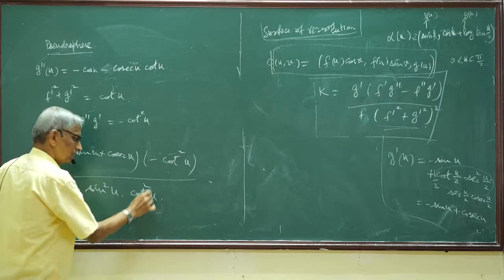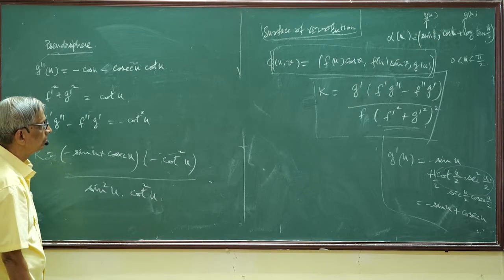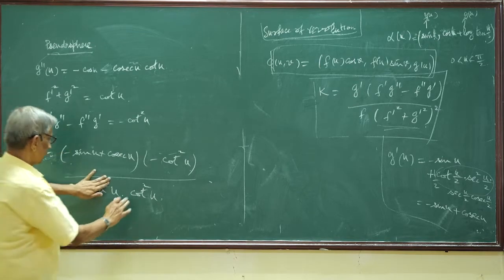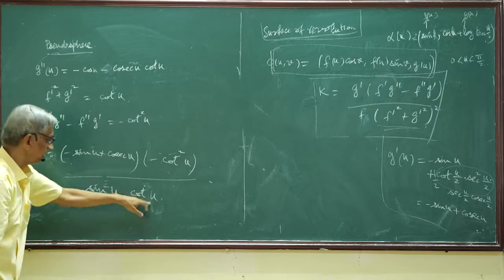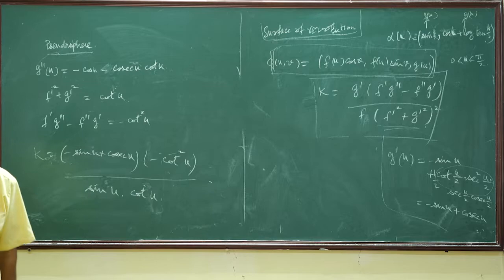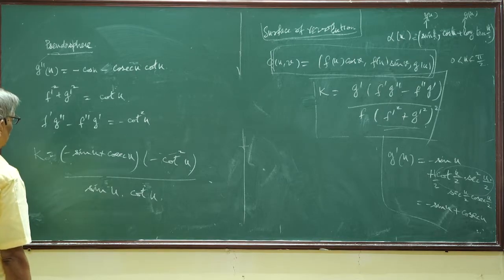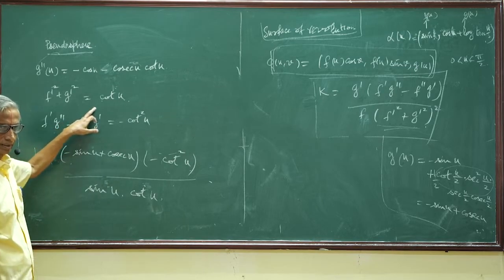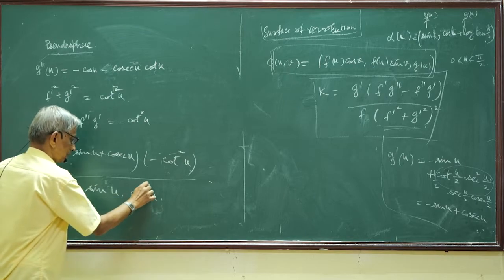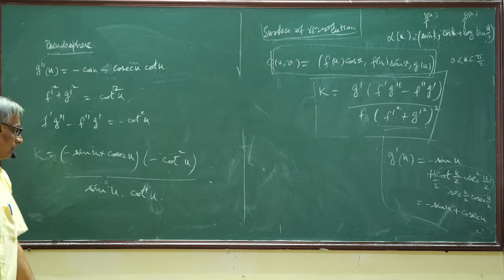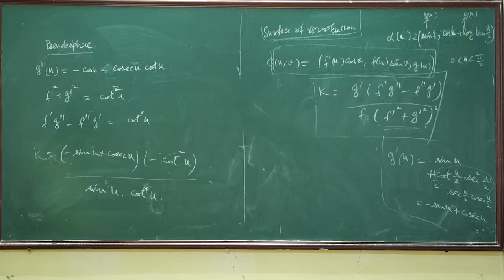So sine square. Oh, only this one. Okay. Square of the, so cot square here. So this is this. This is cot square. Square of that. You get minus 1.